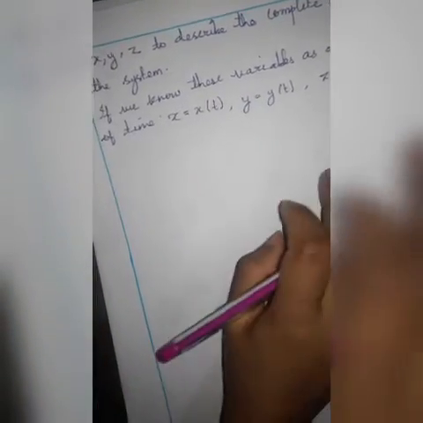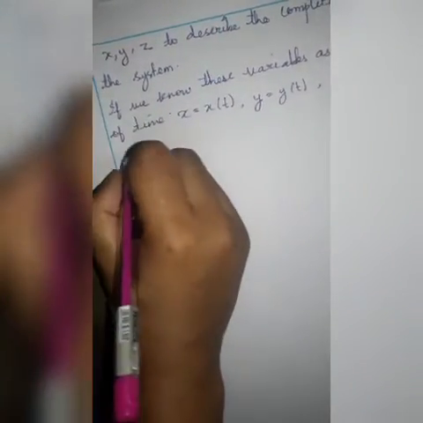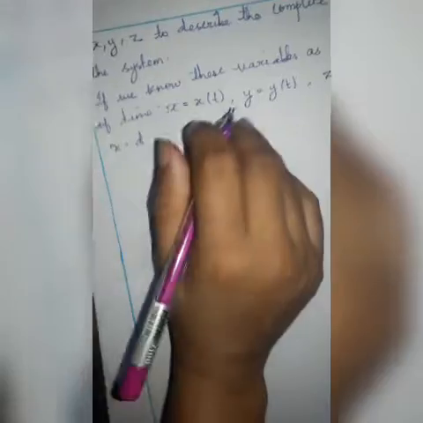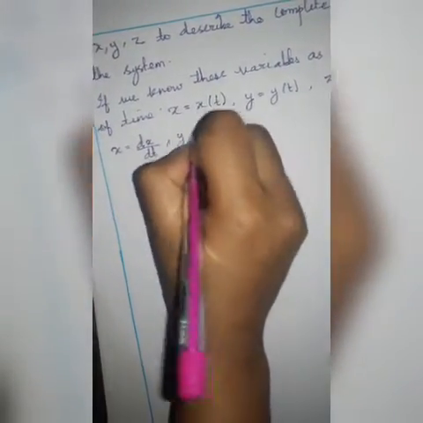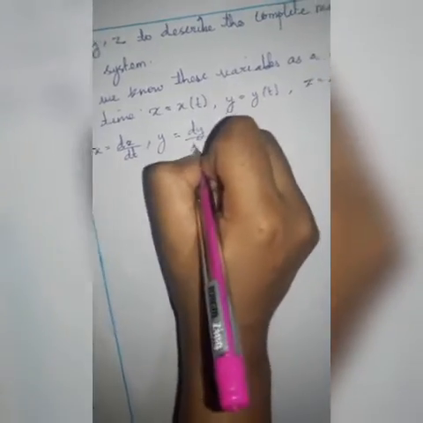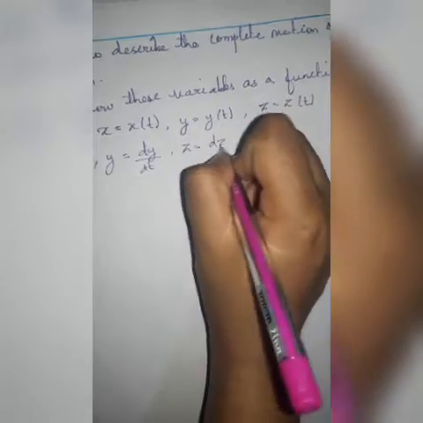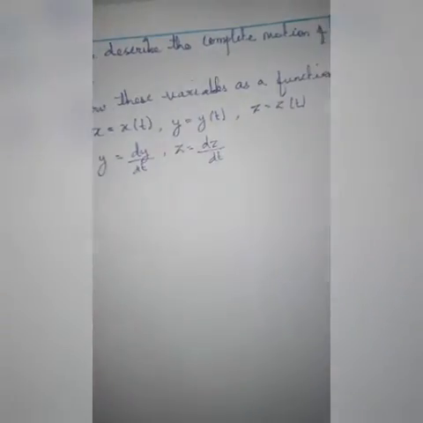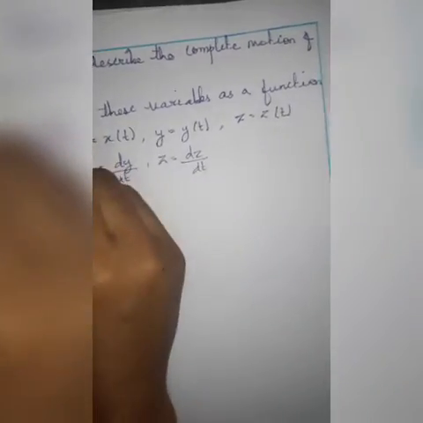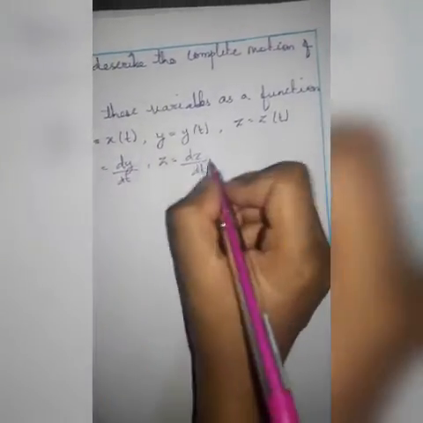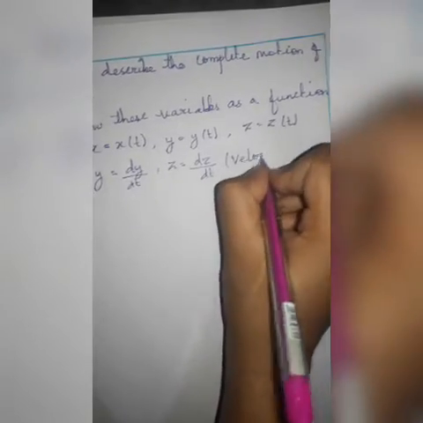In that condition, we may determine the components of velocity. x dot is equal to dx/dt, y dot is equal to dy/dt, and z dot is equal to dz/dt. By differentiating these three variables, we got dx/dt, dy/dt, and dz/dt, which are velocities.